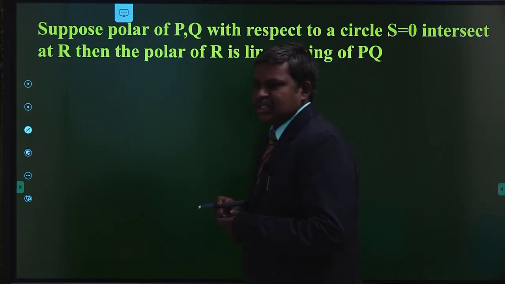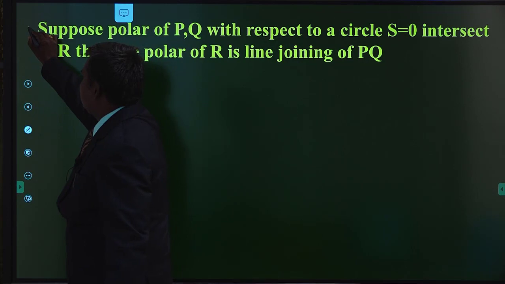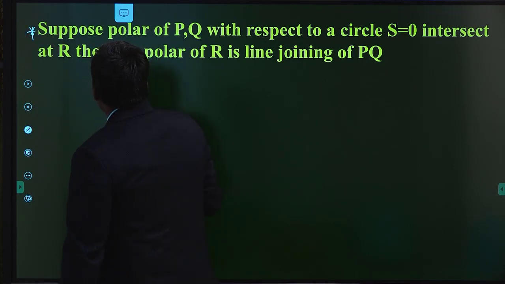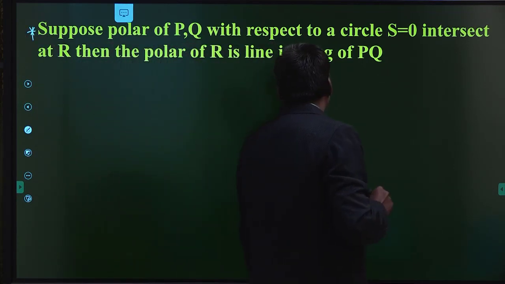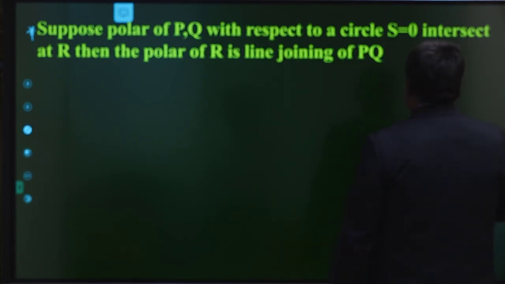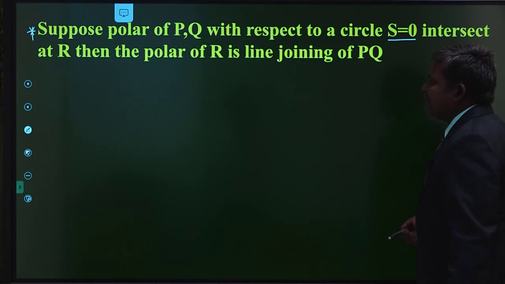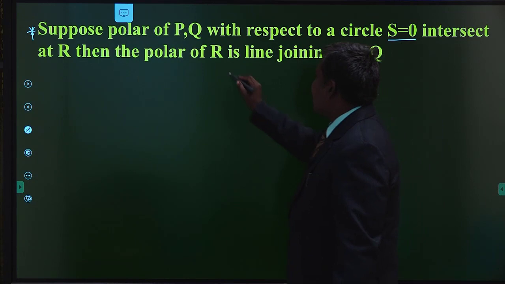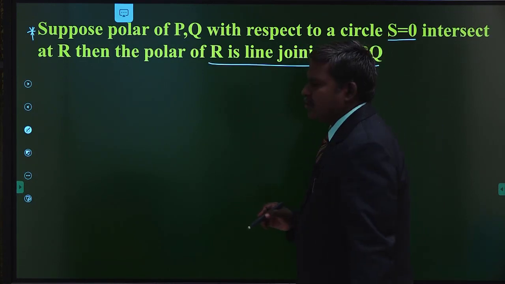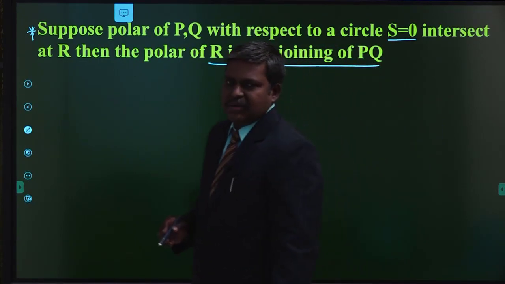See this one. This is a very, very interesting note for you. Suppose the polars of P, Q with respect to a circle S equal to 0 intersect at R, then the polar of R is the line joining PQ. What is the given condition here?